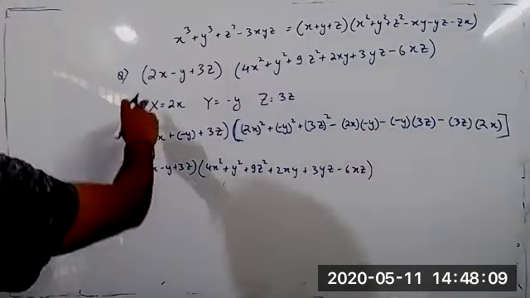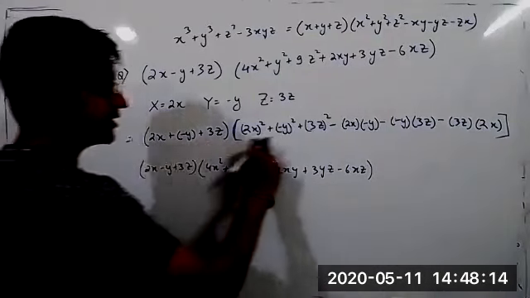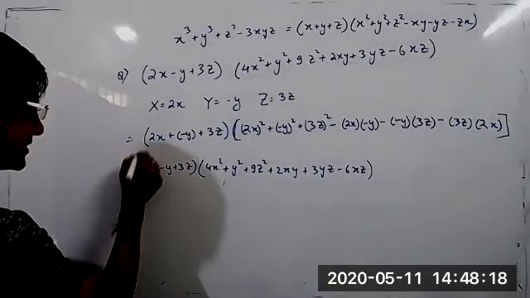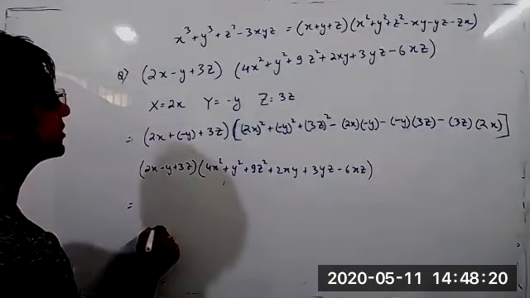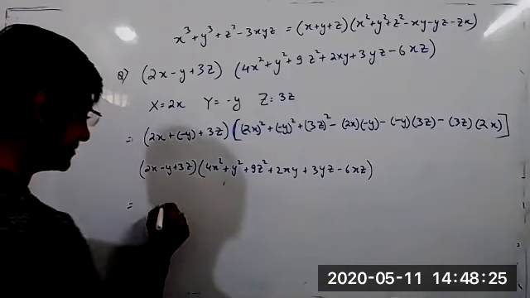Is it equal to this? Yes. So what we have done is correct. Now can we write this in the form of x cube plus y cube plus z cube minus 3xyz?